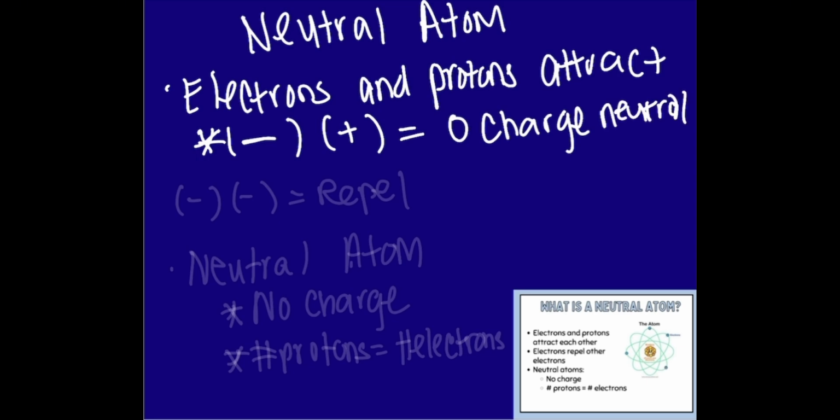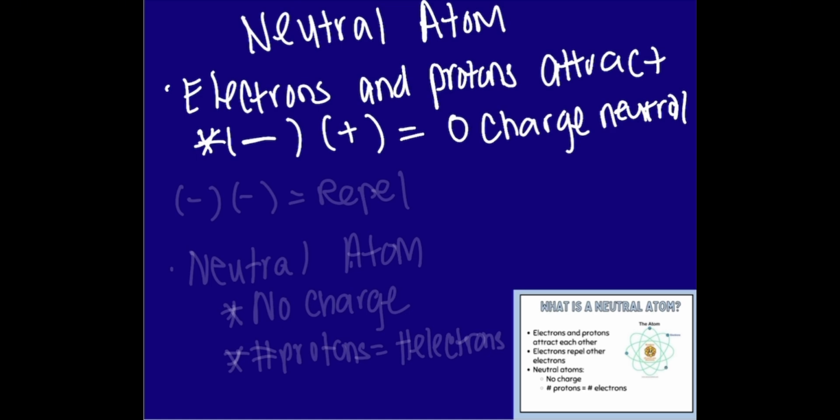Now, it's important for us to use positive and negative and not plus or minus, because when we get into learning what our charges do, we will later learn that a negative charge actually means we added an electron, and a positive charge actually means that we lost an electron.